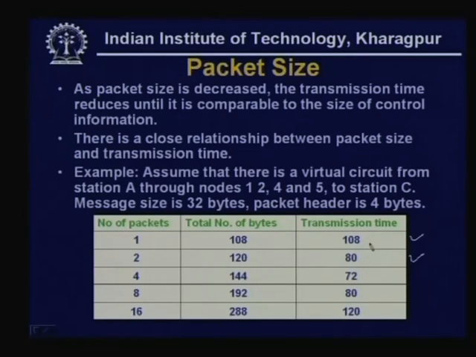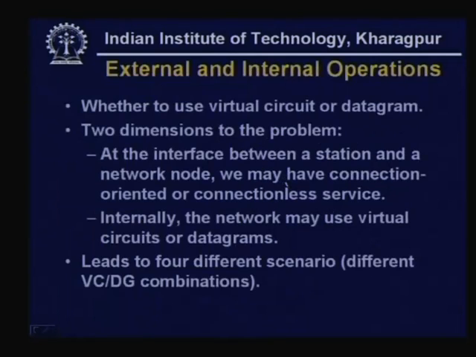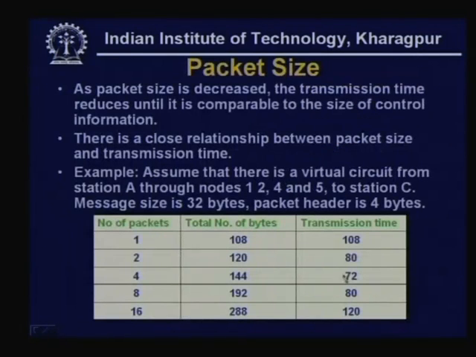Now, if you increase it further, that means if you divide into 4 packets, it can be explained in the same manner, and you will find that the transmission time required will be 72. However, if we increase the number of packets further, say divide the message into 8 packets, we find that the total number of bytes becomes 192.